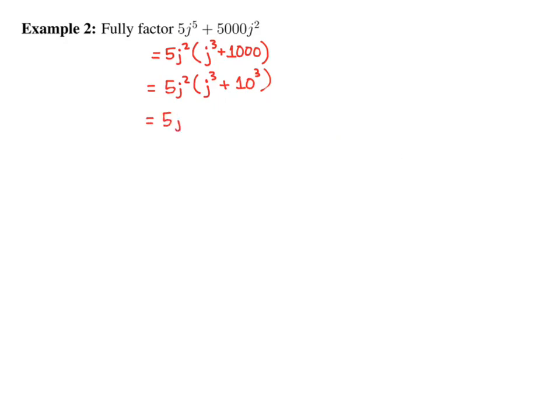So 5j squared still sitting outside, being patient, and j plus 10, and then j squared minus j times 10 plus 10 squared, and you'll need to write it like a human being at the end. So j plus 10, and then j squared minus 10j plus 100.